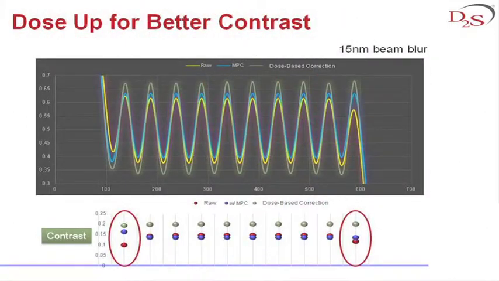Now, one thing you can do to correct for this is dose-based correction of the mask shapes. So in this case, we are studying what happens with dose-based correction to make the line width as uniform as possible. You can see in yellow that the rightmost variation and the leftmost plot shows that there's a significant difference compared to what's happening in the middle.